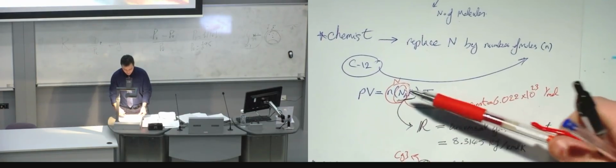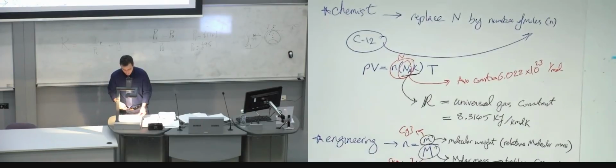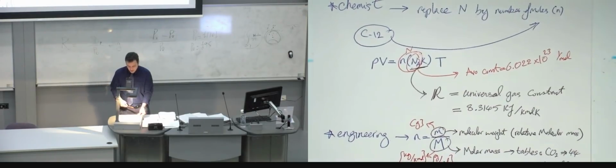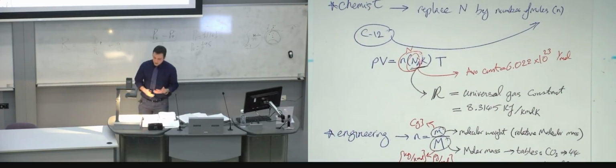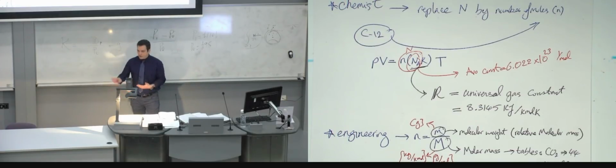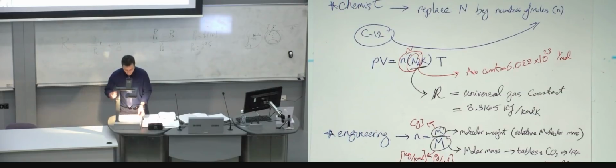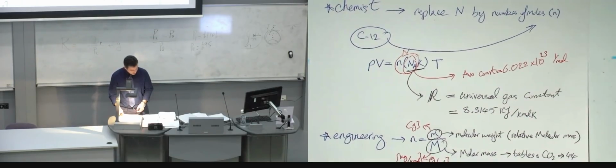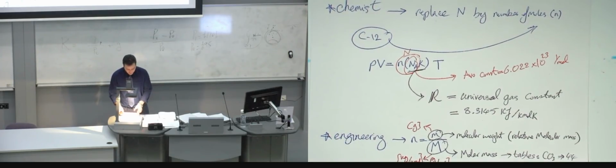This is the form using the number of moles and the universal gas constant. Once you understand where these come from, you can convert it back into the form that you are familiar with. So that was essentially what I wanted to take away from the first page of the lecture notes.